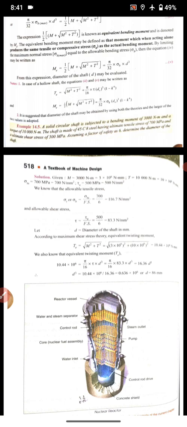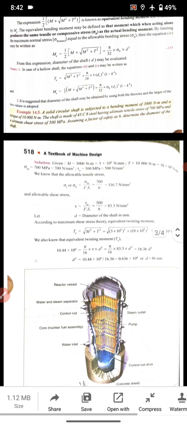So let's start the question. The given values are the bending moment, the torque, meaning the twisting moment, the sigma u value and the tau u value.